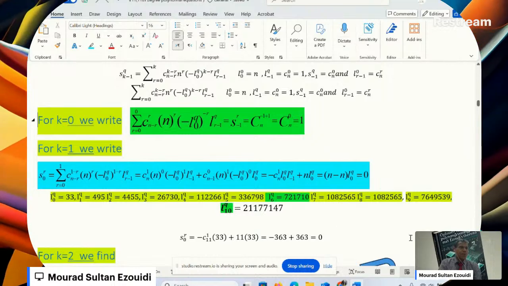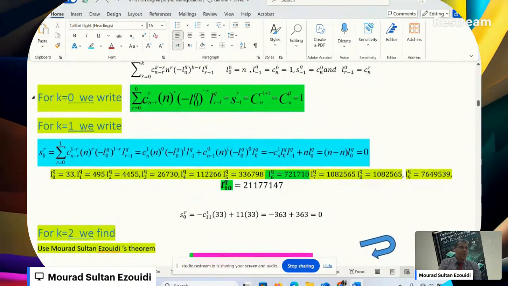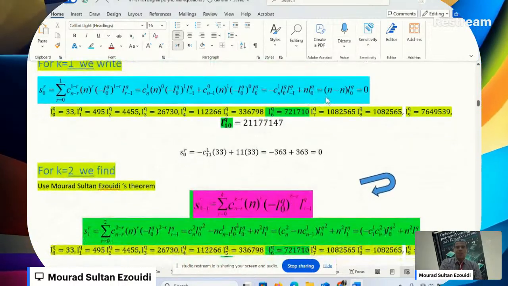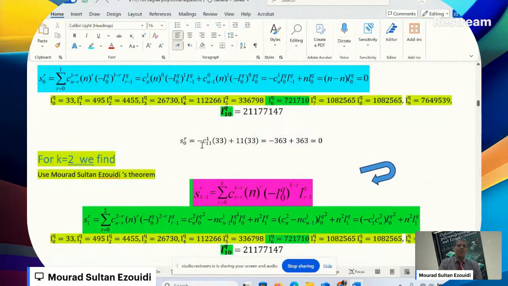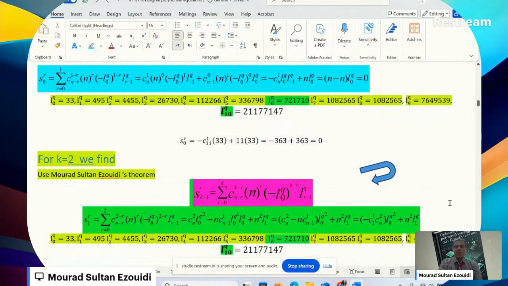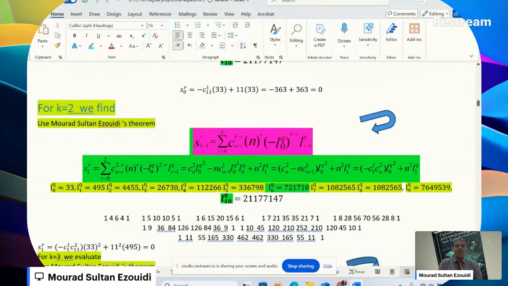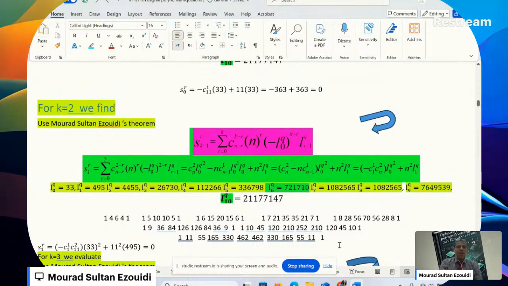We can see that this is S0. S0 in fact is going to be equal to 0. Using the formula, we derive down to the last one, which is n minus n times L0 plus 2. We just make the substitution and get that it is equal to 0.